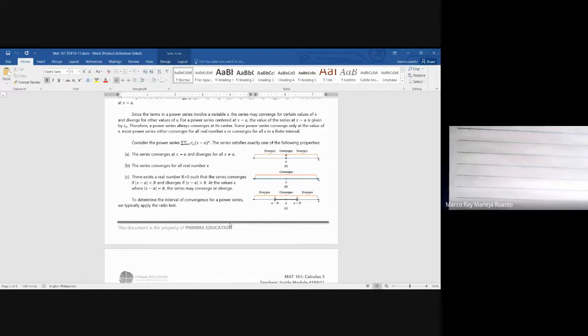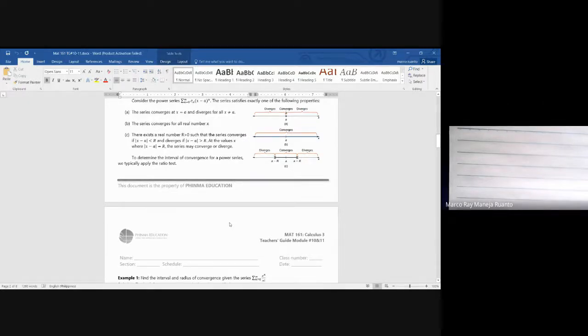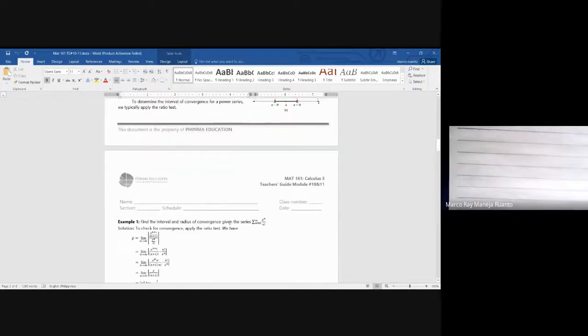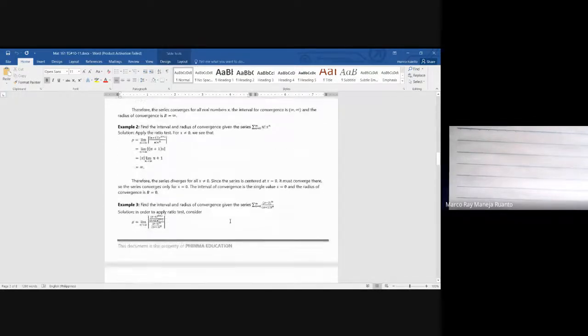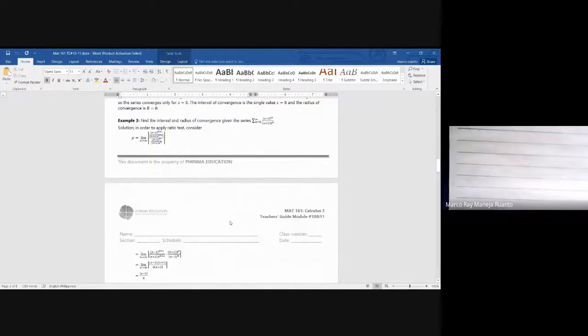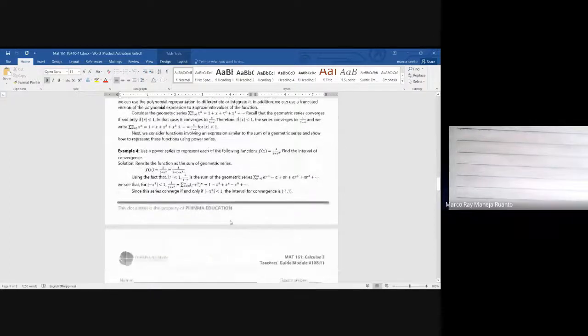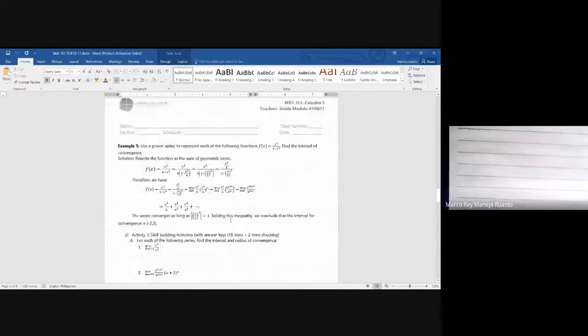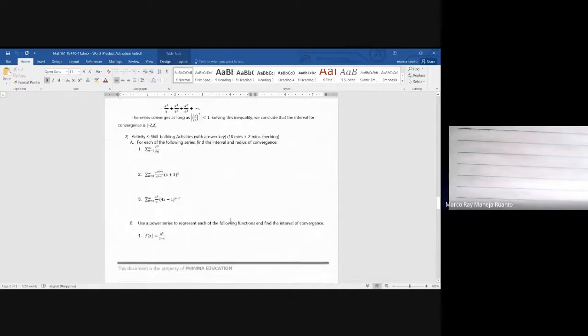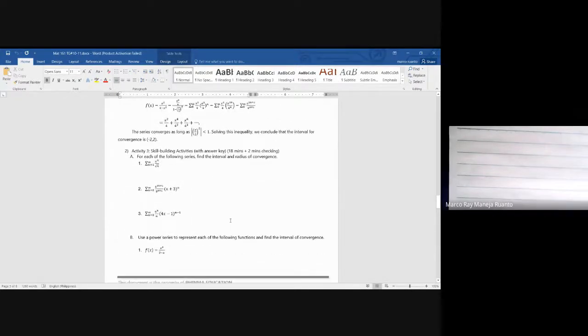To identify the interval of convergence and the radius of convergence, we will just simply use the root test or the ratio test. Okay, so for the rest of the exercises, I will just leave that to you.